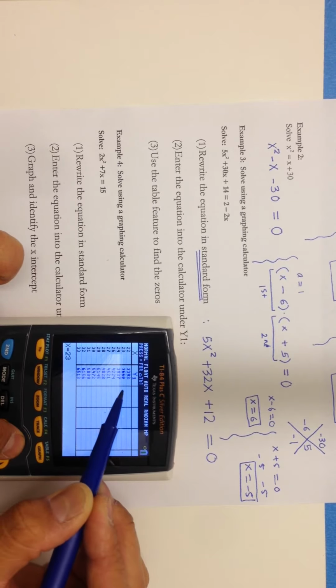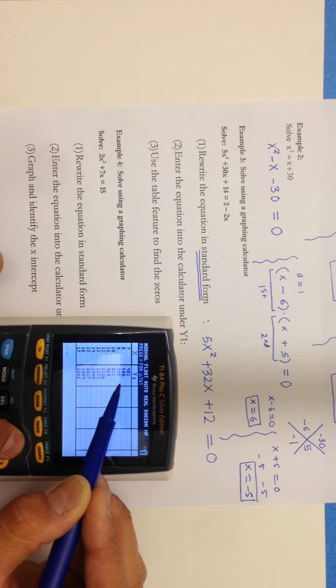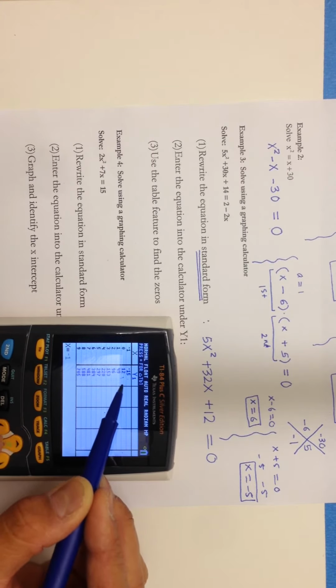I'm looking for a y value equal to 0. So I keep going, and as you can see, as I'm toggling up, these y values are getting smaller and smaller.